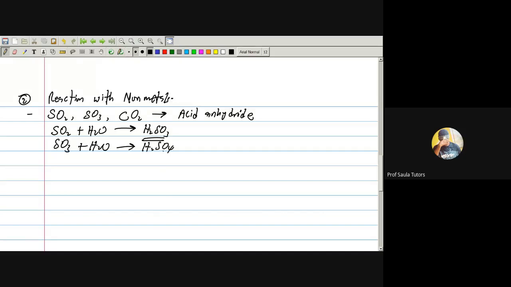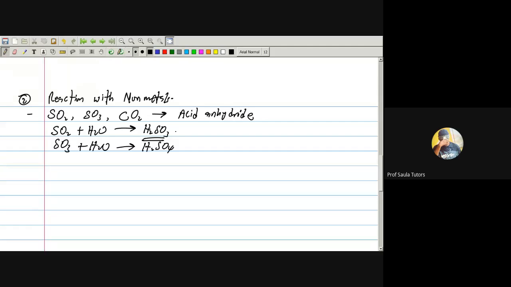This is also an acid, and so on. You can see, firstly, that when water reacts with an acid anhydride, acid is produced. So that's for that.